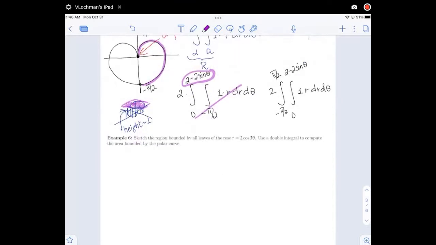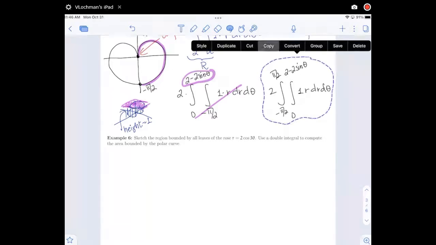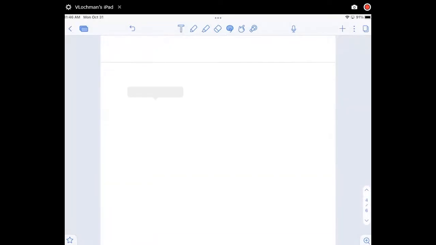Okay, let's go ahead and compute this. Let me copy it. So this is our example 5, I believe. All right, let's go ahead and compute this.